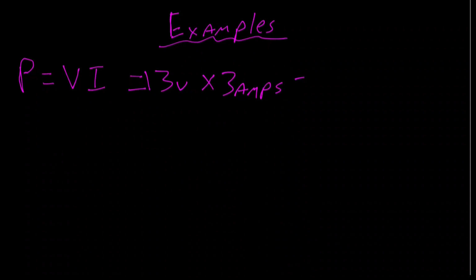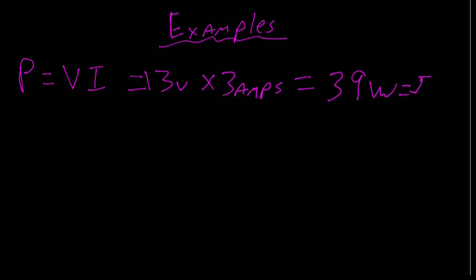So what's the wattage of a device that is powered by a 13 volt source and is drawing a current of 3 amps? So that's going to be equivalent to 39 watts, or joules per second, because we know that this is a rate of energy transfer, right?